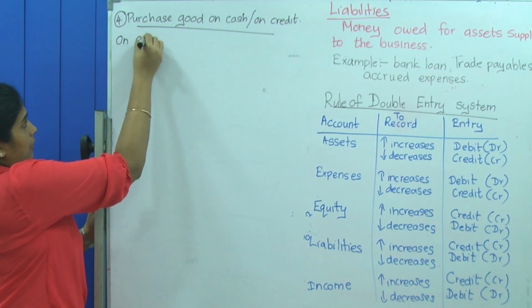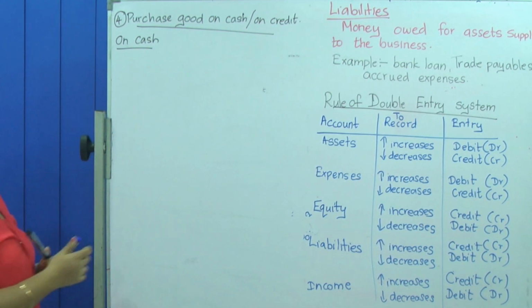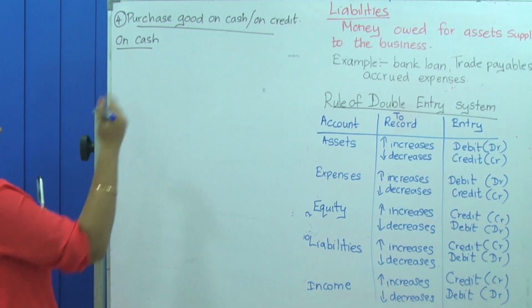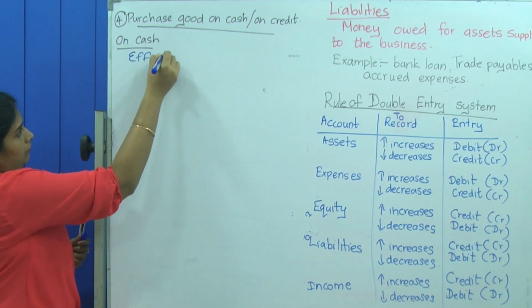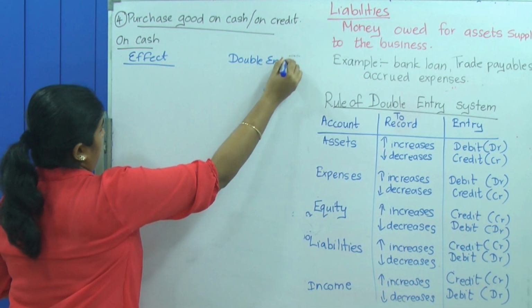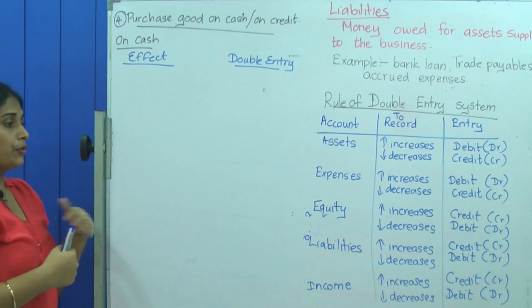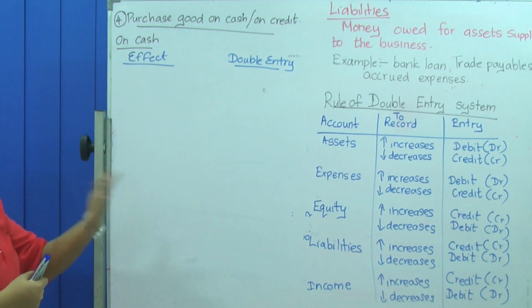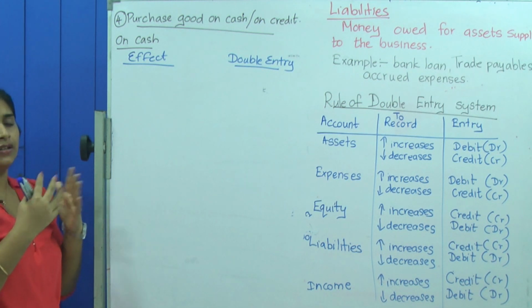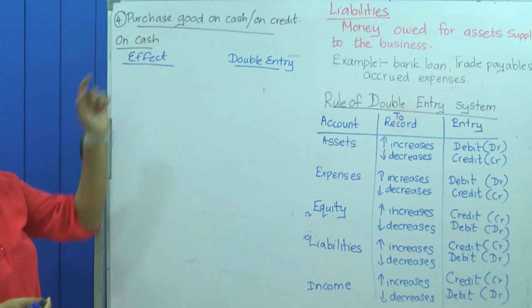First I'll teach you how to record when you purchase something on cash. When you purchase something on cash, it affects 2 things. When you purchase goods to resell, for example, if you are selling masks, you purchase a bundle of masks, that comes under purchases.